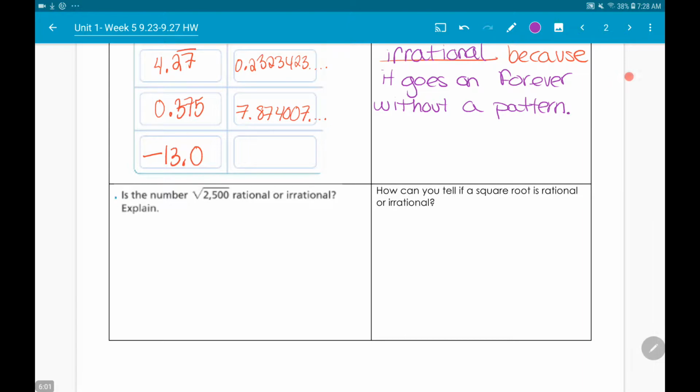Same thing. Is this number rational or irrational? I'm going to put this into my calculator, and we get 50. Let me write this a little nicer.